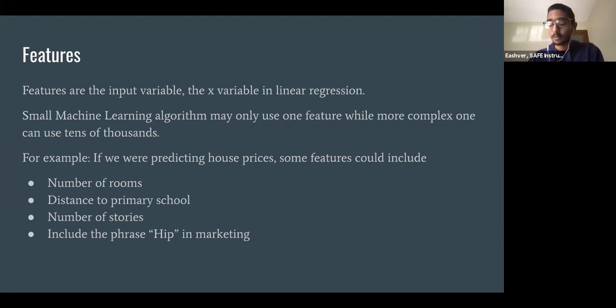Some inputs could be the number of rooms, the distance to the local primary school, the number of stories in your house, or the occurrence of HIP in the marketing of the house. Those are all inputs that could be potentially useful to a machine learning model learning to predict house prices.